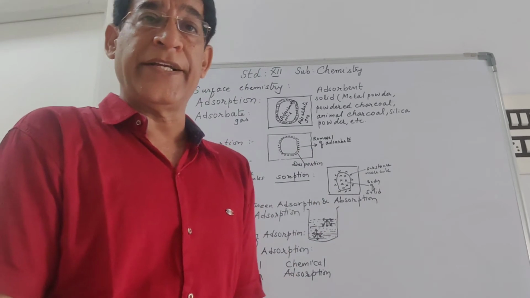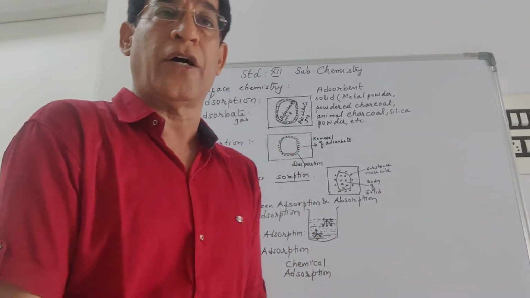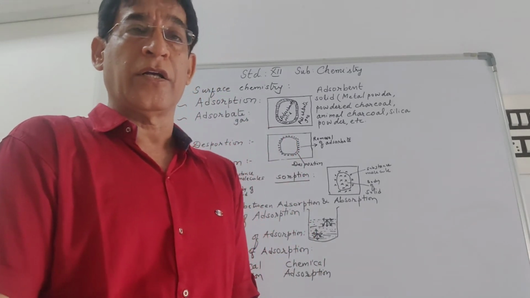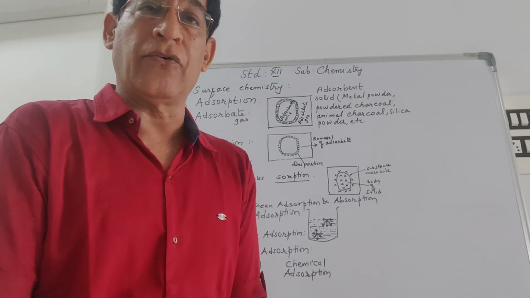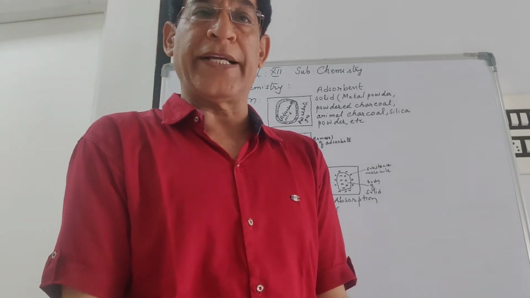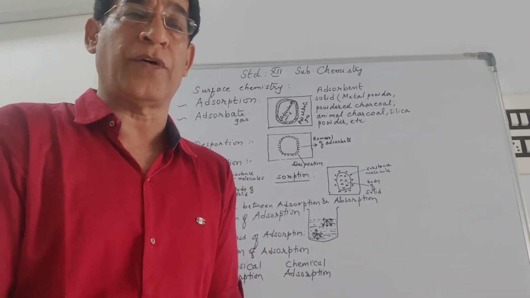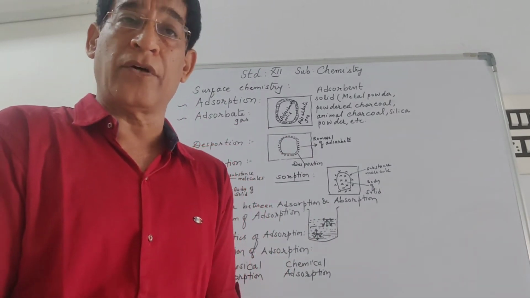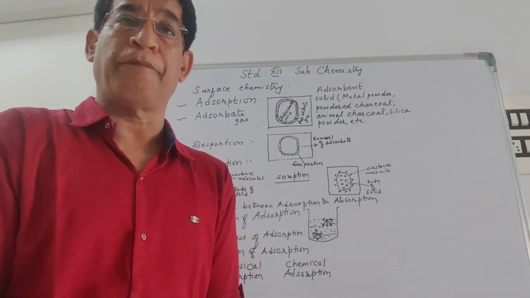Due to residual or unbalanced inward forces of attraction or free valencies at the surface, liquids and solids have the property to attract and retain the molecules of a gas or dissolved substance on their surface.